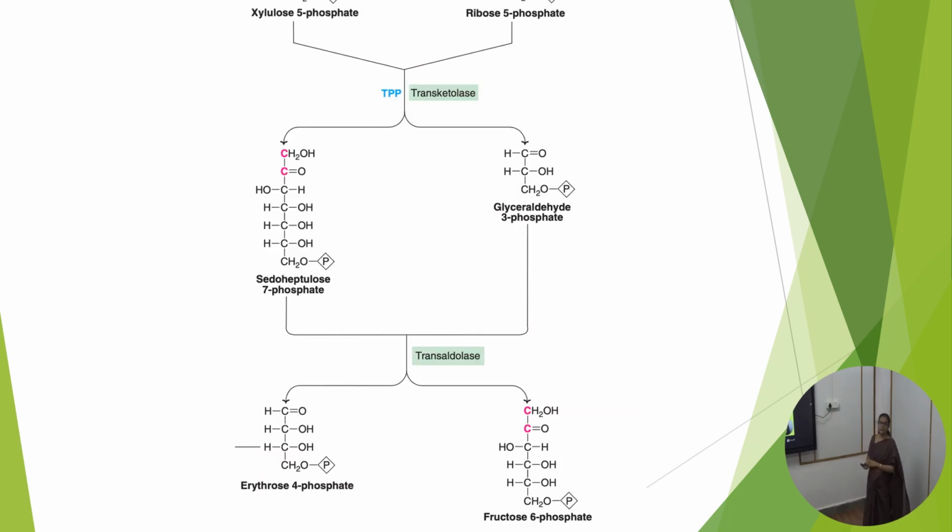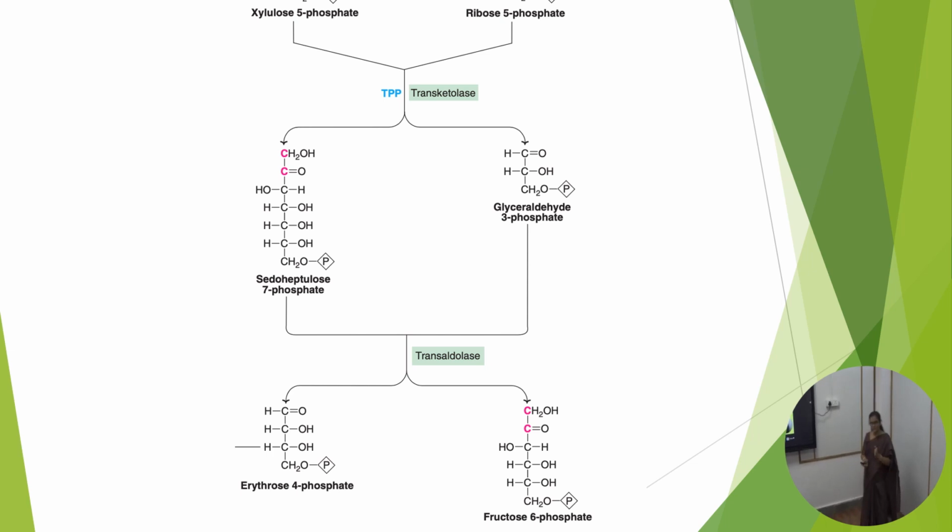And next reaction is catalyzed by transaldolase, which is also dependent on TPP. And here this transaldolase acts on sedoheptulose 7-phosphate and transfers its 3-carbon moiety from sedoheptulose 7-phosphate to glyceraldehyde 3-phosphate.